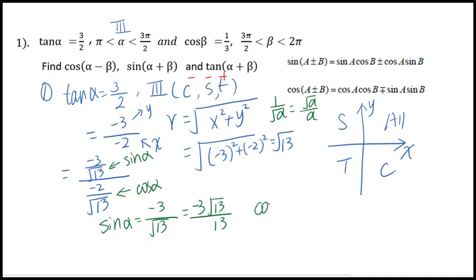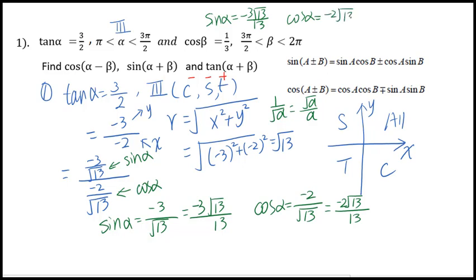For cosine alpha equals -2 over square root of 13, you will have square root of 13 over 13, then here's -2. Sine alpha equals -3 square root of 13 over 13. Cosine alpha equals -2 square root of 13 over 13.